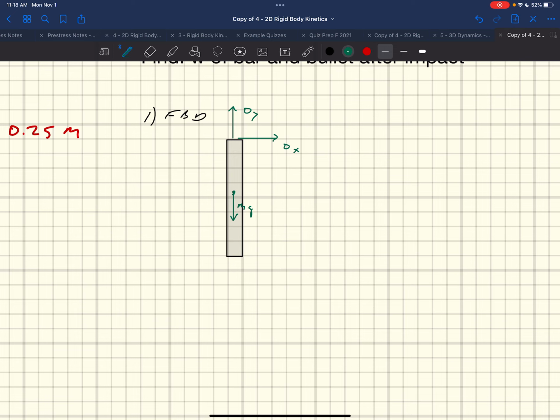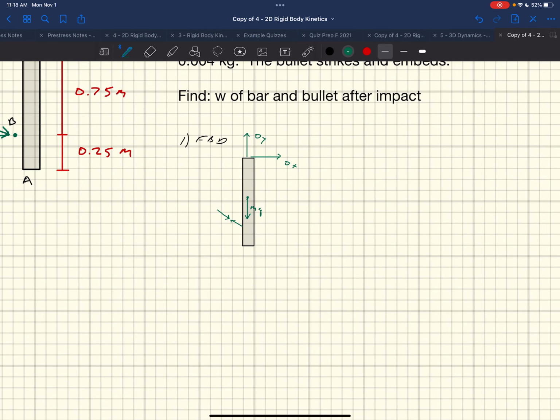There would be, right, a kind of reaction force from the bullet striking it, but then the bullet would also have it this way. That's what we mean by an internal force pair. The bullet striking the bar, the bar striking the bullet. So those two internal forces cancel each other out.